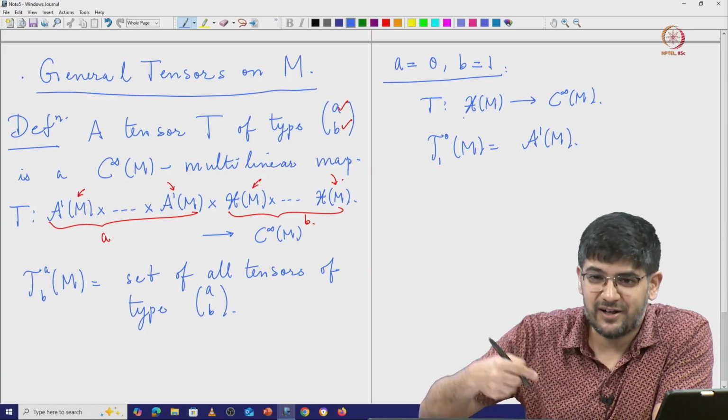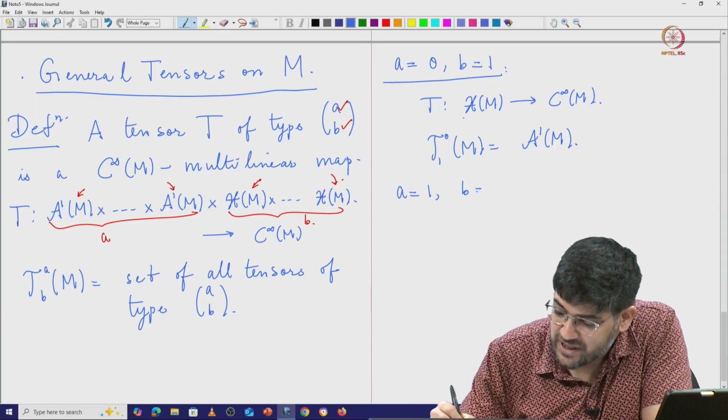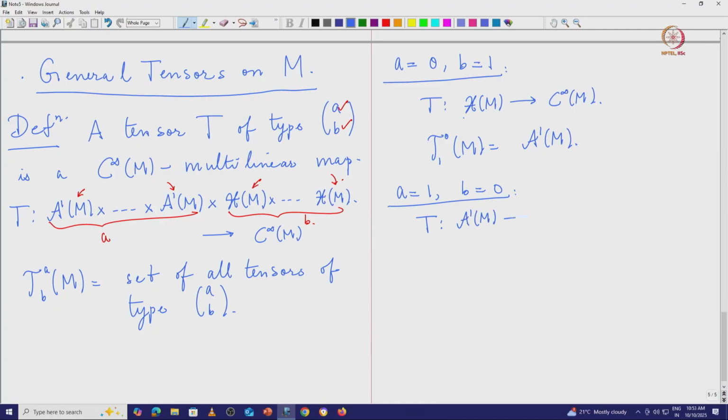And then you can take the dual version of this. If you take A is 1 and B is 0, this is the set of linear maps from one forms to functions, and that's essentially just a vector field.